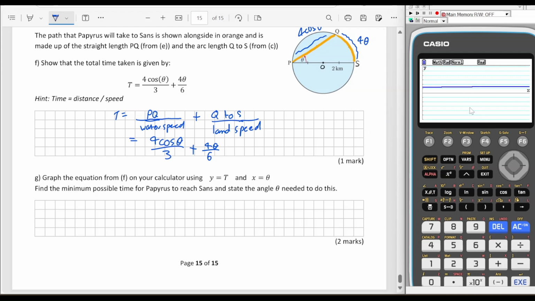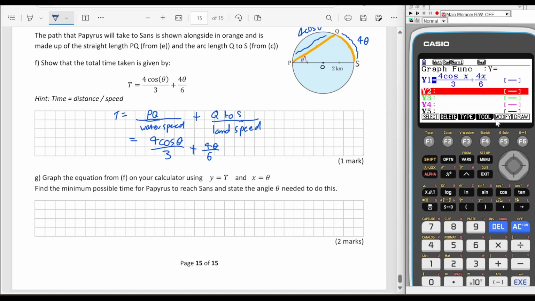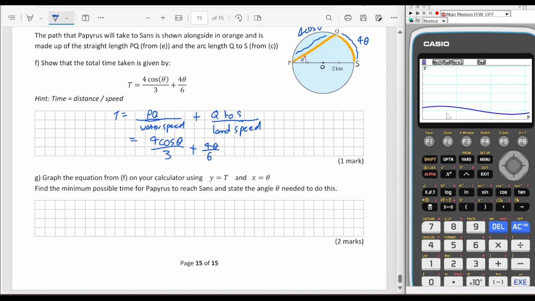You get a lovely graph there. So theta realistically should go from 0 to, let's go up to pi. I don't see it being any bigger than 180 degrees. And y should go from 0 to, oh, let's try keeping it at 6 and see what happens. Make sure you're in radians. There you go. Wonderful.